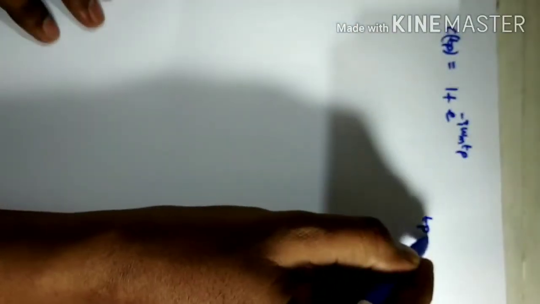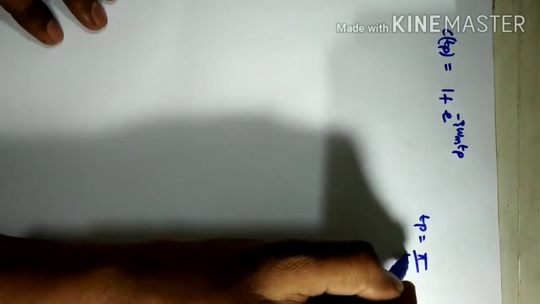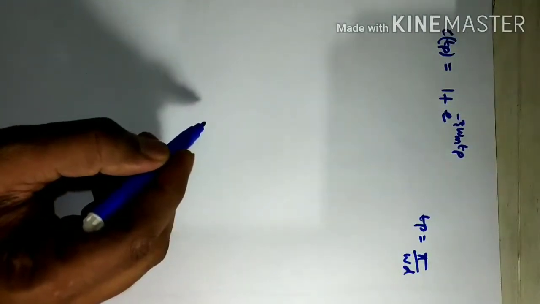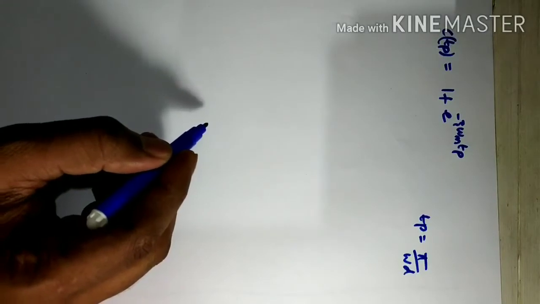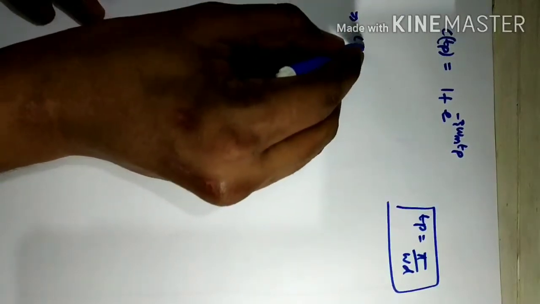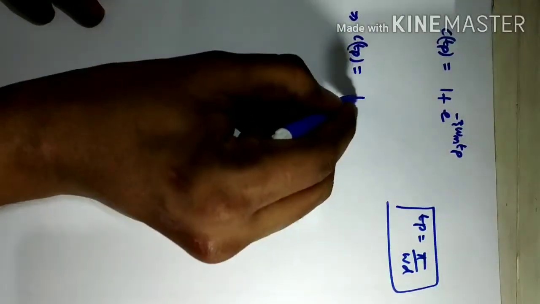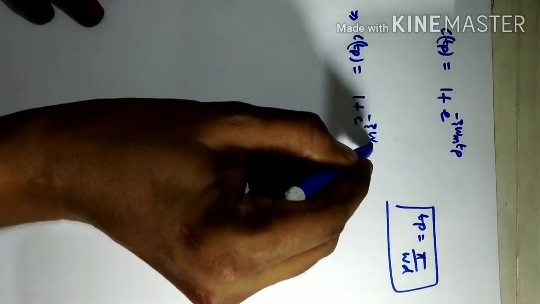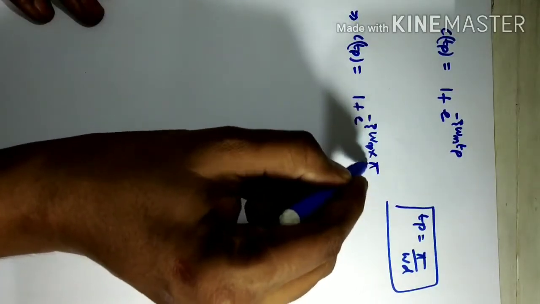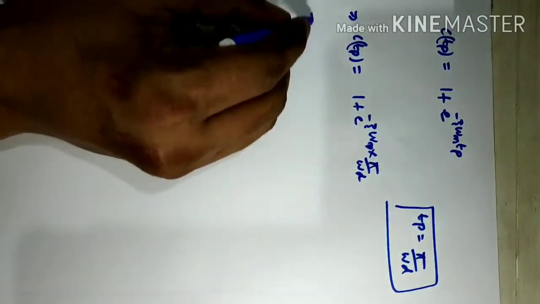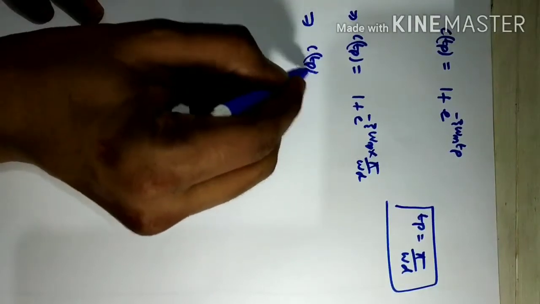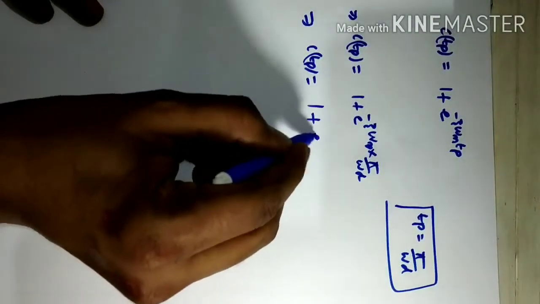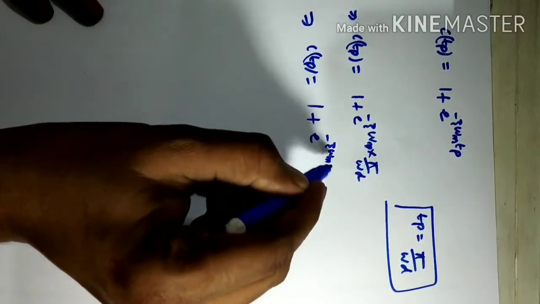So you know what is tp? Tp is equal to pi by omega d. Substitute this in this equation. So C(tp) is equal to 1 plus e raised to minus zeta omega n pi by omega d.